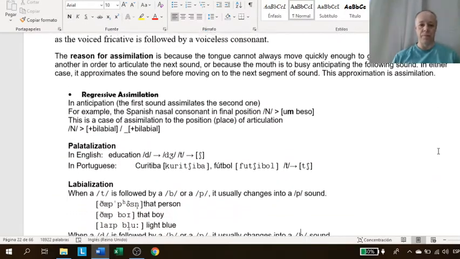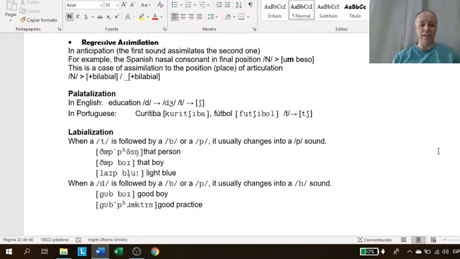Let's see the first one. Regressive assimilation. In anticipation, the second sound influences the first one. For example, the Spanish nasal consonant in final position, the archiphoneme N, in "un beso". This is a case of assimilation to the position of articulation.